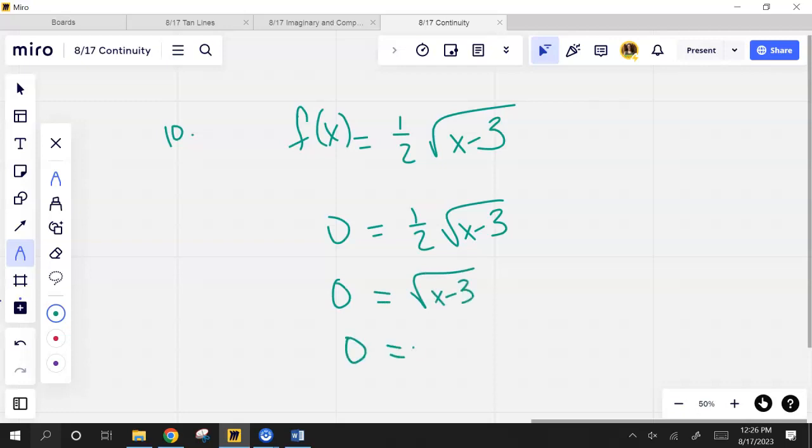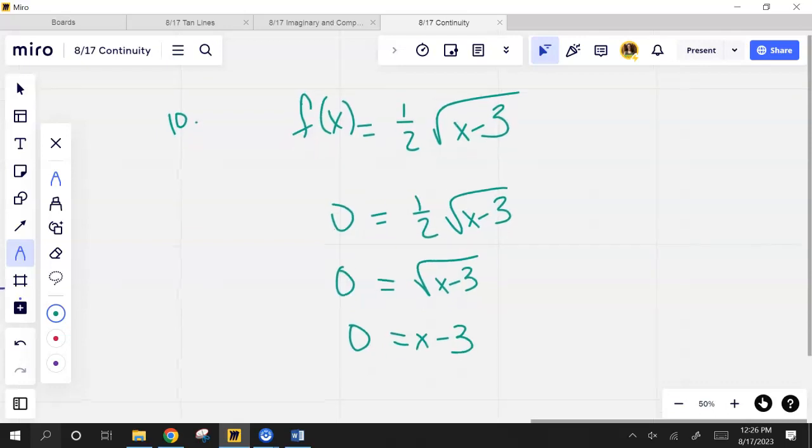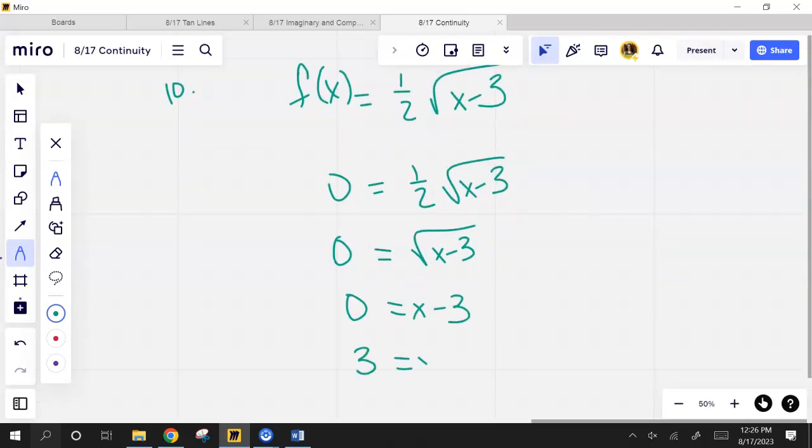Square it. If you multiply by 2, it cancels, but it's 0 still, because 2 times 0 is 0. We just take the primary root when we're talking about the graph.